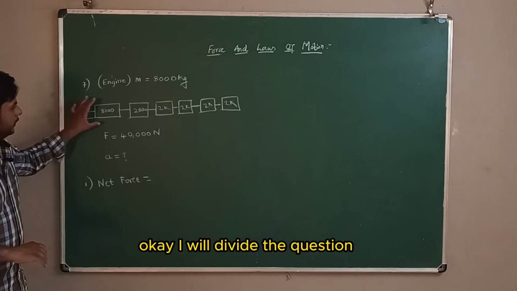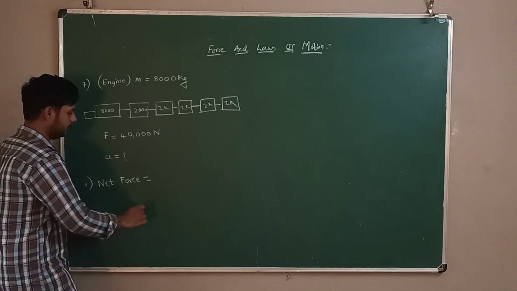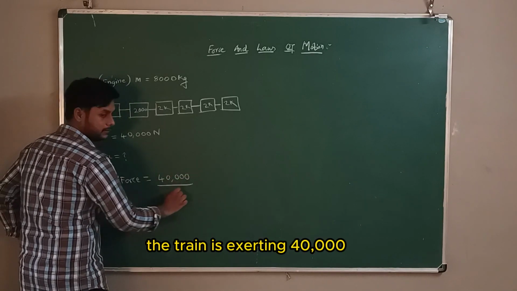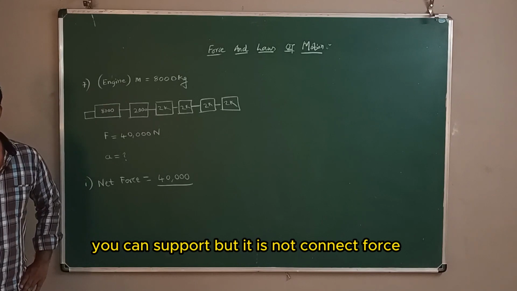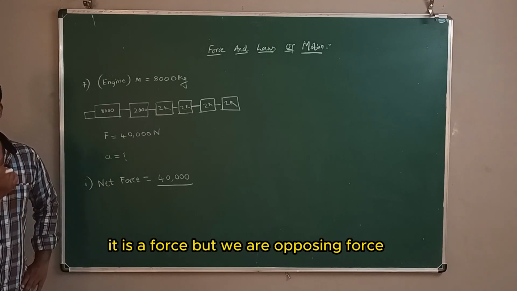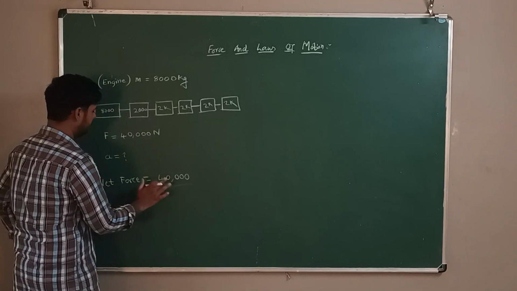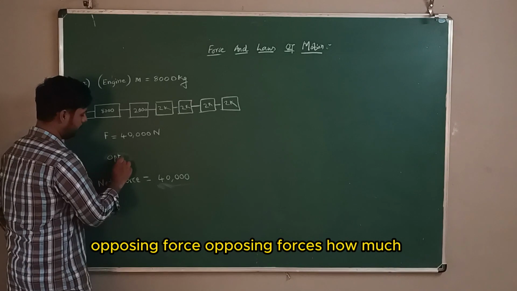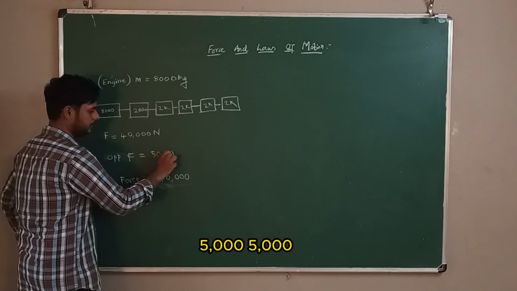The train is exerting 40,000 newtons. Sit quiet. The train is exerting 40,000 newtons of force, but it is not the net force. It is the force, but we have an opposing force. How much is the opposing force? Opposite force is 5,000 newtons.